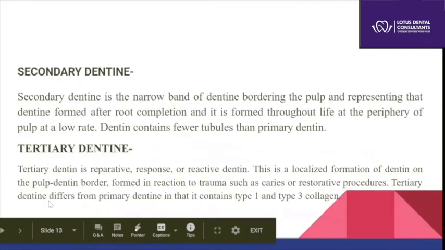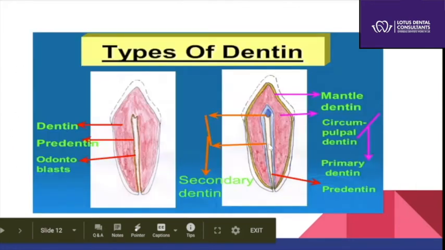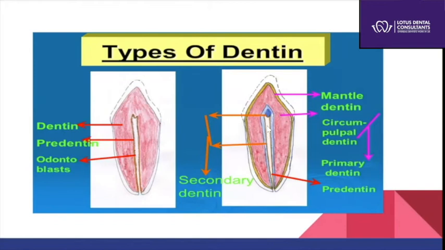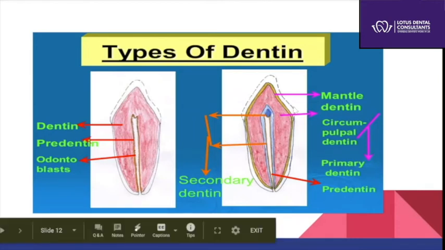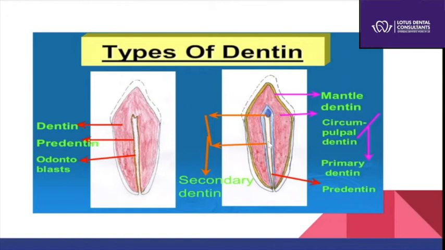Let us have a look at the diagram again. This is the secondary dentine, and the blue one is the circumpulpal dentine. The blue one is circumpulpal dentine, and the secondary dentine is the white one, on the inside.